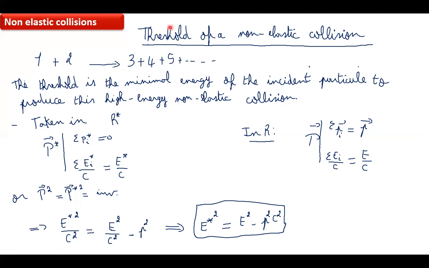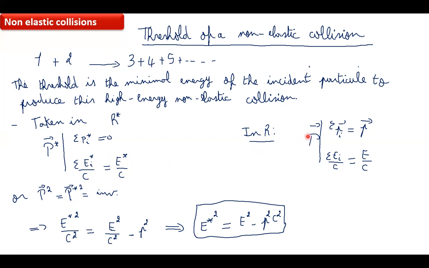We are working in R star, so P star is the total momentum before collision, the sum of momentums in R star, which is equal to 0, because in R star the sum of all 3D momentums is 0, and the total energy is the sum of Ei star over C, so it's the total energy E star over C. Of course, the energy is conserved, so you can calculate it before or after collision, it doesn't matter.